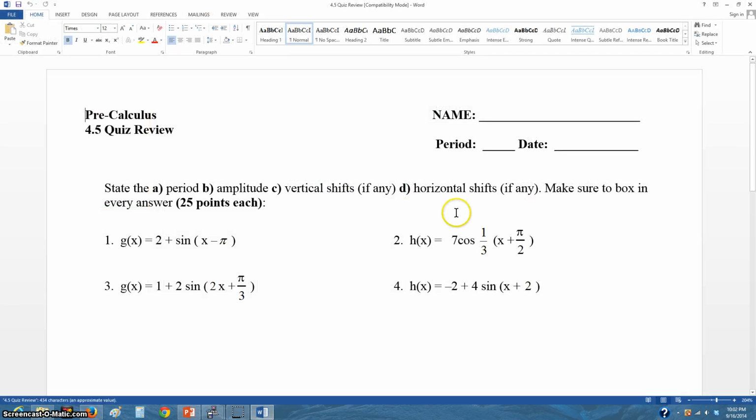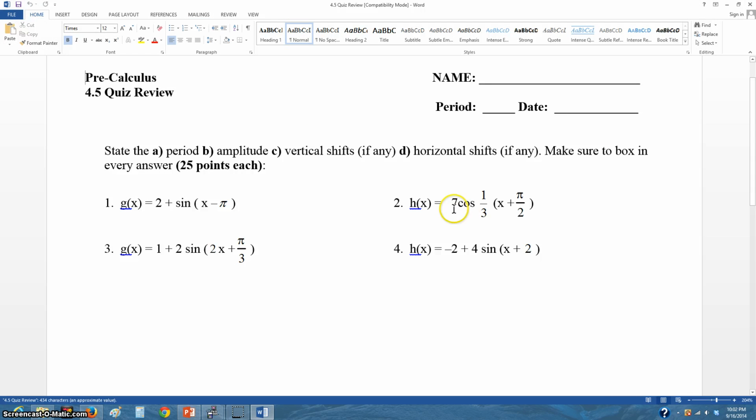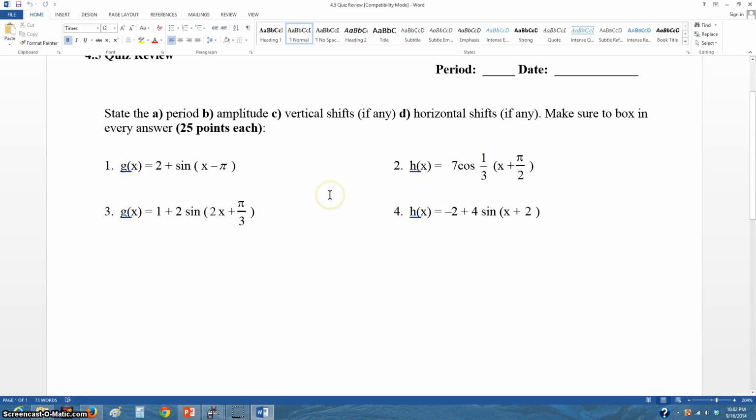Here is your review. It says state the period for A, the amplitude for B, your vertical shifts, if any, for C, your horizontal shifts, if any, for D, and make sure to box in every answer. They're each going to be worth 25 points.